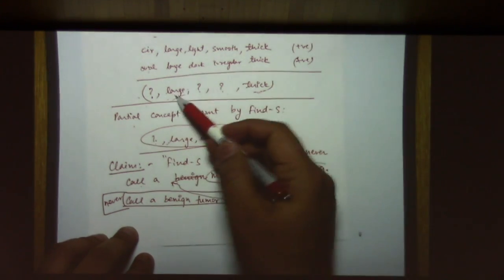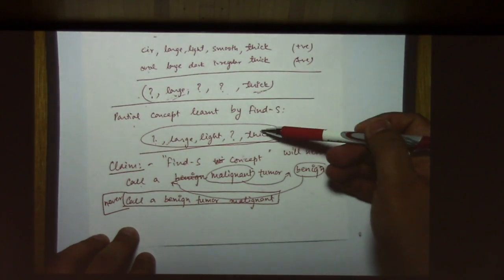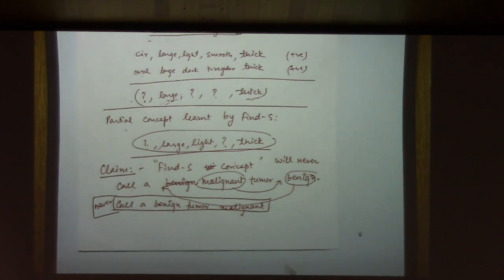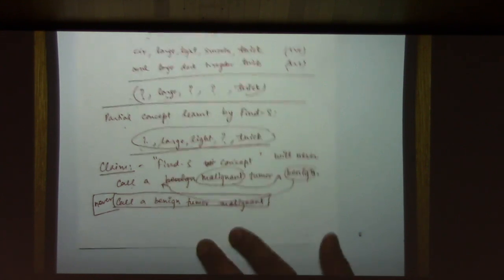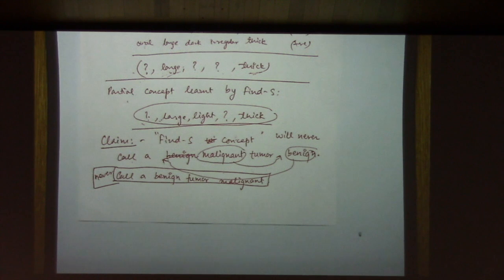When you do a pairwise AND of that incoming object with this, it will always call it benign. So it will always call benign things benign. It might call a malignant thing benign as well, which is the issue with the Find-S algorithm, but not the other way. In the last two years, I used to have a homework based on this, but this time I'm going to introduce it into gradient, so you'll know more about this. Any questions so far?